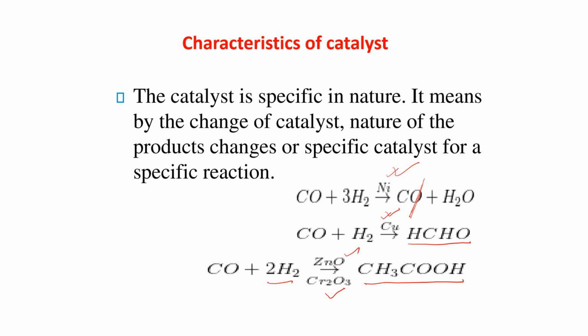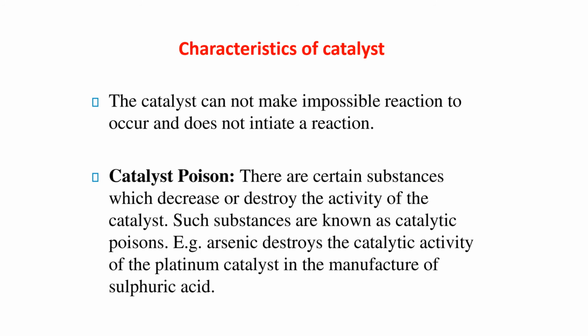So you can see that the catalyst is very specific for a specific reaction. If you change that catalyst, the product is also changing accordingly. The catalyst cannot make an impossible reaction occur and does not initiate a reaction.